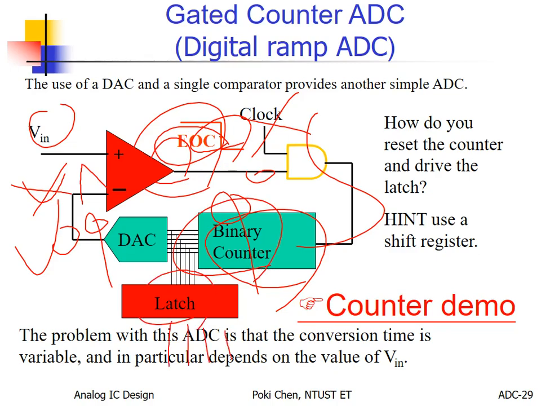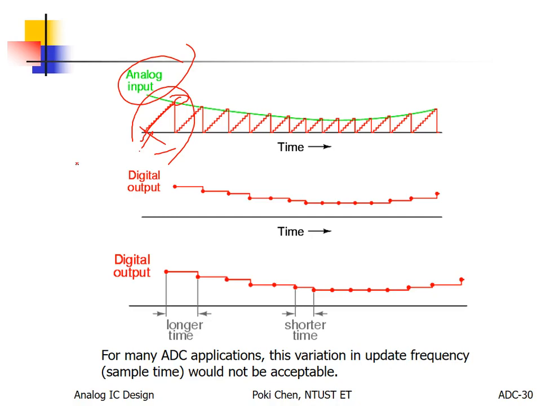That is the correct output according to your V-in. So after you send the EOC, you latch the counter content to be your digital output. That's it.